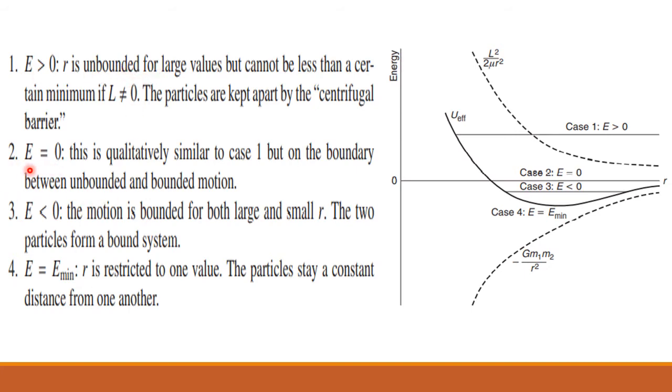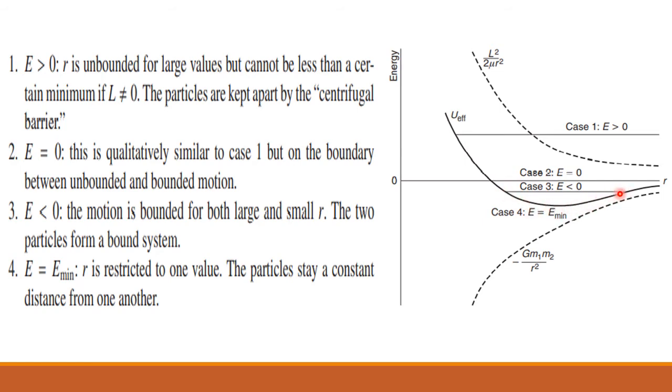Now the second case is when E is equal to 0. This is the boundary between unbounded and bounded motion. The third case is E less than 0. The motion is bounded for larger and smaller values of r, acting in between these 2 points.